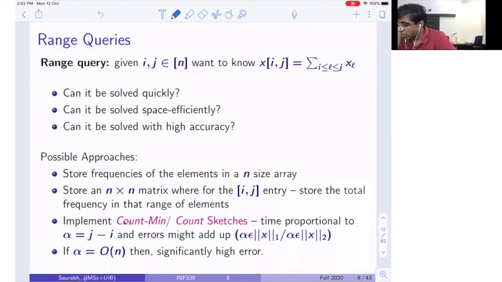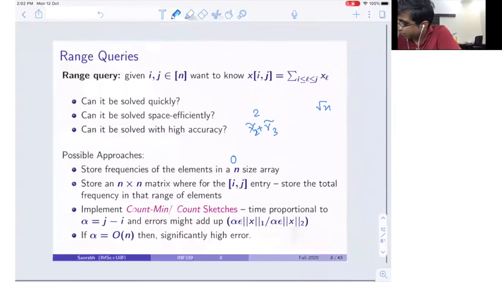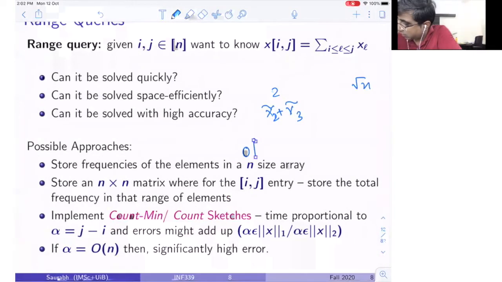So now the time is again proportional to j minus i, because if I give you x_ij, between, say, 2 and root n, then you will ask me for an estimate of x2 tilde plus x3 tilde and so on, each of which we can generate in order one time by looking at some order log 1 over epsilon entries.